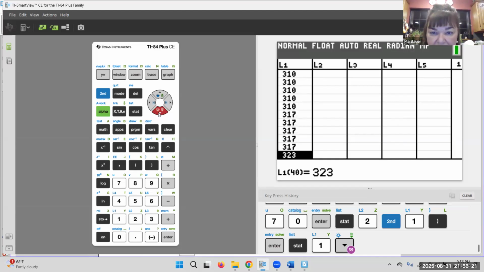317 repeats 5 times. And there it is, 337. I think it's going to be the winner because it repeats 7 times. So let's keep going and see.